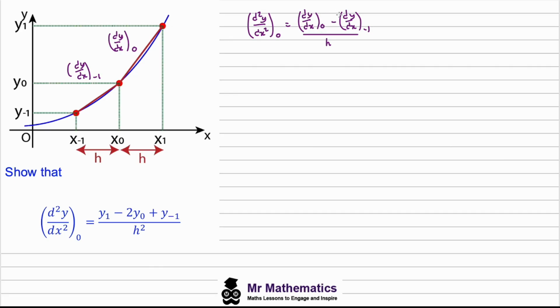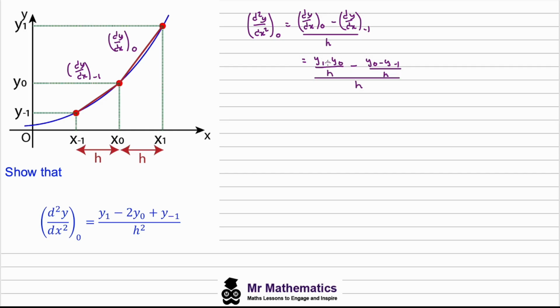Now we can write our numerator in terms of y's. Well, the change in y at x0 will be y1 minus y0 over the change in x, minus this one, which is y0 minus y -1 over the change in x, all divided by h.